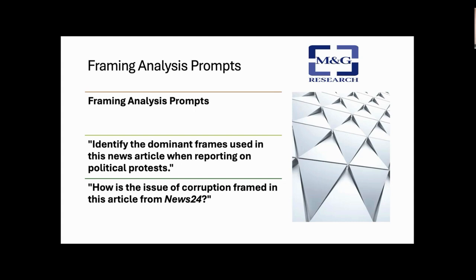You need to customize this to your study, but the practical demonstration is going to be very helpful for everybody who wants to do a literature review, systematic review, conceptual reviews, and everything that involves secondary data. So how is the issue of corruption framed in these news articles? That's the premise, and that's the topic that we're focusing on for the purposes of this presentation.